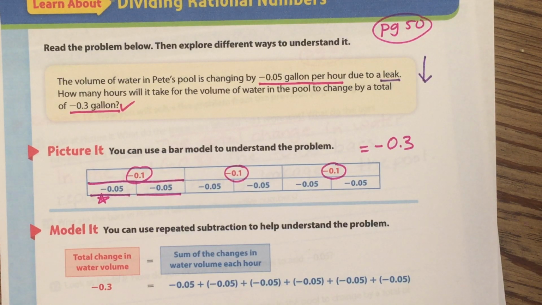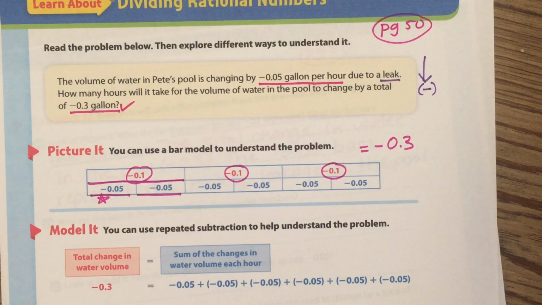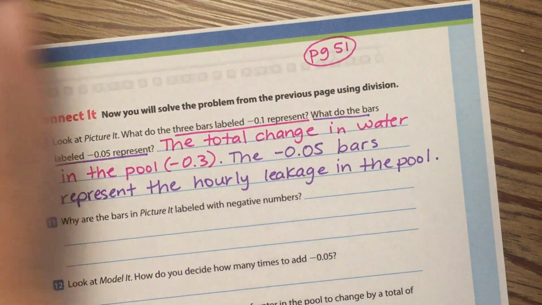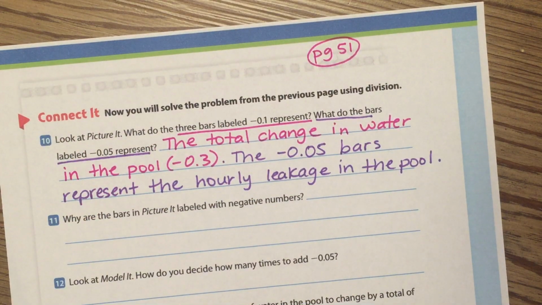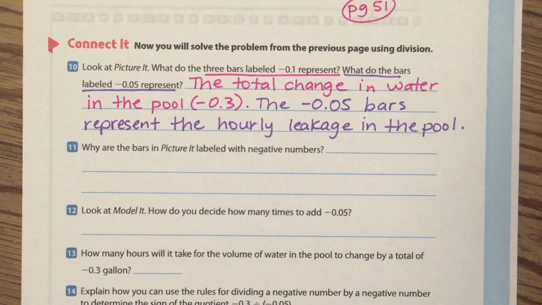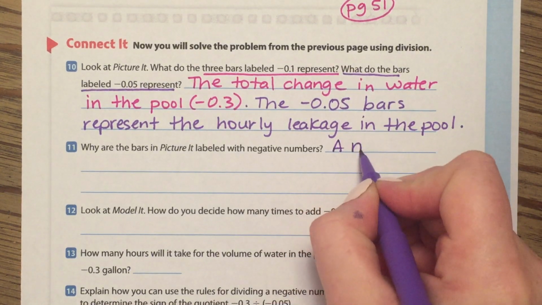And in math, when a quantity goes down, we indicate that with a negative number. So we'll say the reason why the diagram in picture it has negative numbers is because negative numbers are used to represent a decrease in the amount of water in the pool. Basically, the amount of water in the pool is going down, and we have to represent that with a negative number.